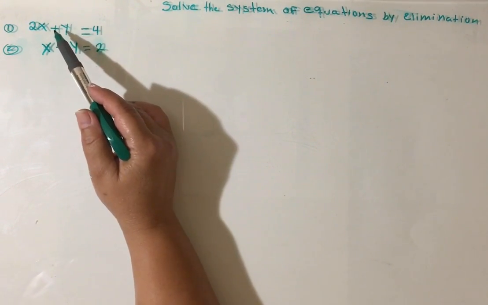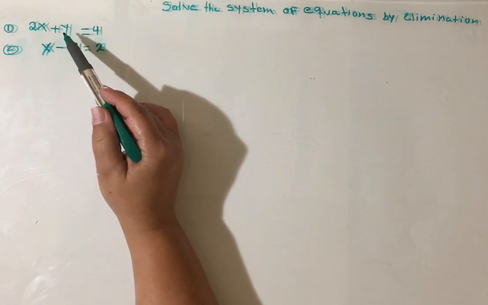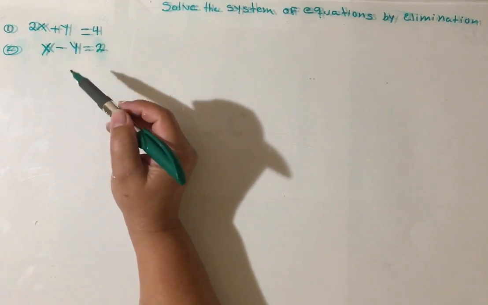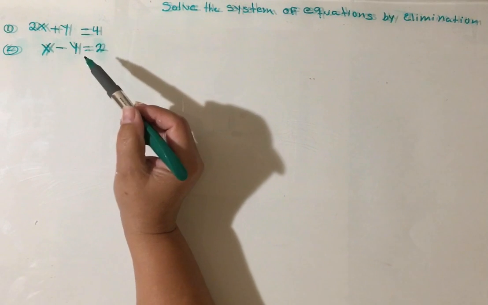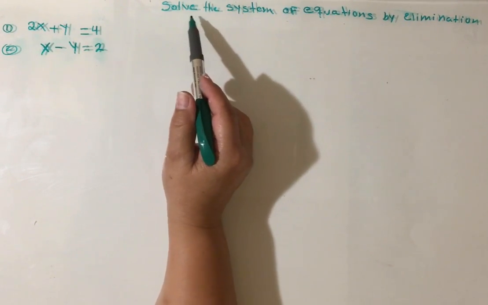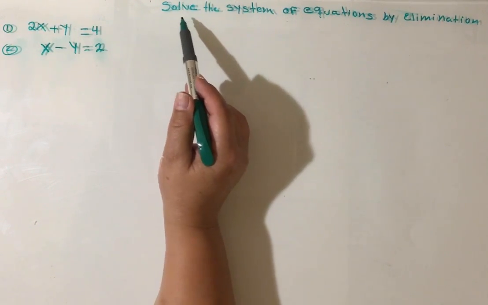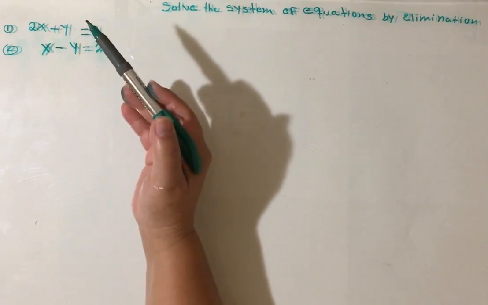So if you have one negative, one positive, like in this case I have a positive 1y and a negative 1y, I can eliminate the y's and solve for x. When they're asking you to solve, in this case they're asking you to find the values of x and y, or the values of the variables.